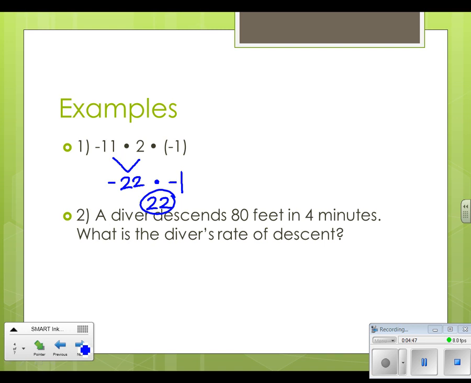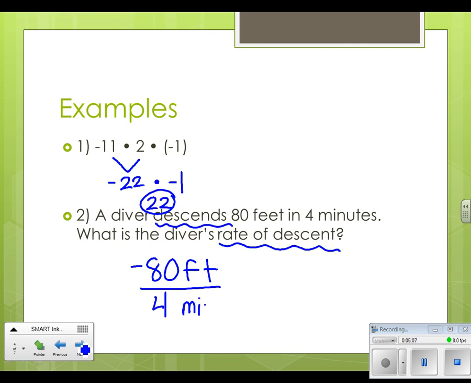Number 2, a diver descends 80 feet in 4 minutes. What is the diver's rate of descent? Rate of descent, when the diver's descending, they're going down 80 feet in 4 minutes.